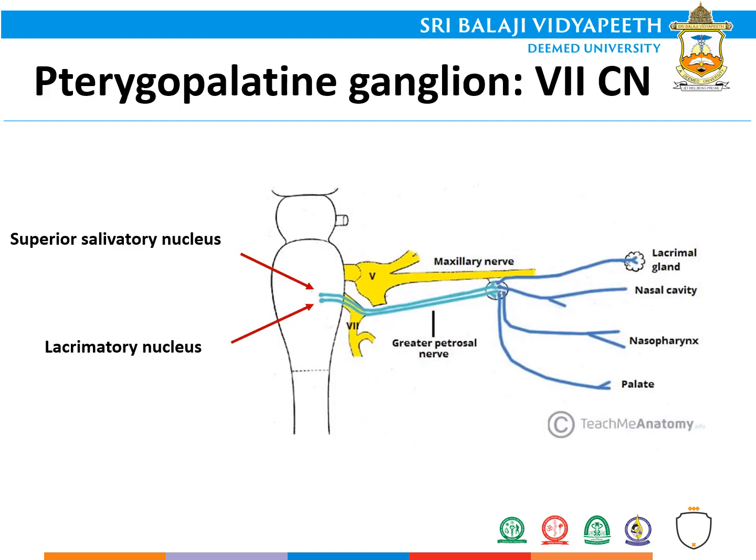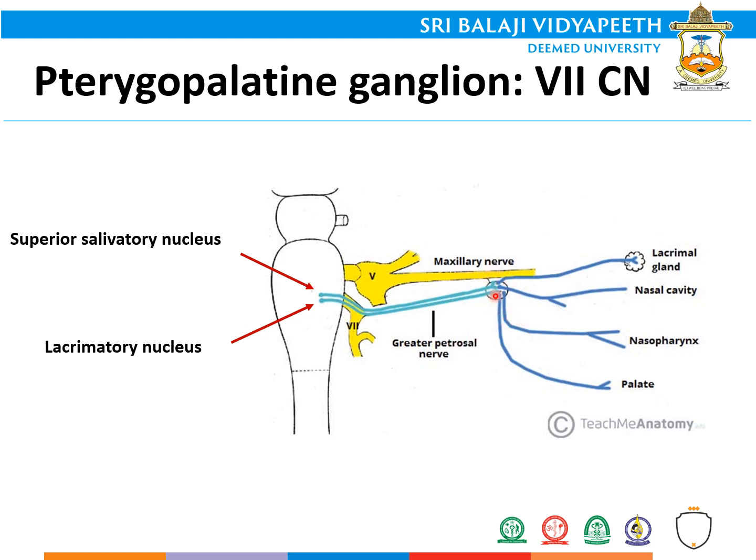Coming to the pterygopalatine ganglia. Now, here the preganglionic parasympathetic fibers arise from the superior salivatory nucleus and the lacrimatory nucleus, and they pass through the seventh cranial nerve and its branch, the greater petrosal nerve, to reach the pterygopalatine ganglia, which is attached to the maxillary nerve, right?